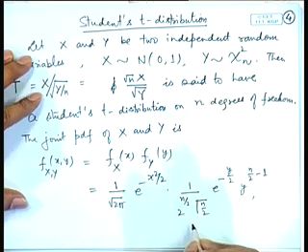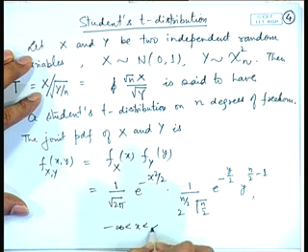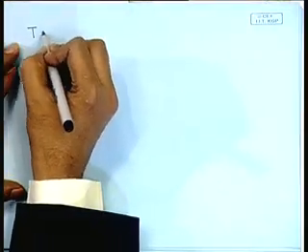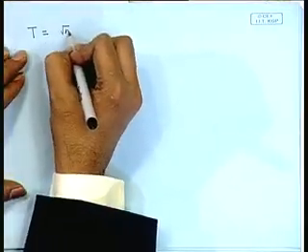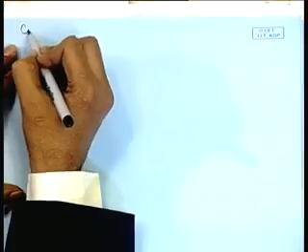Here the range of the X variable is from minus infinity to infinity, and the range of the Y variable is positive. So, now we are considering the transformation T is equal to root n X by root Y.